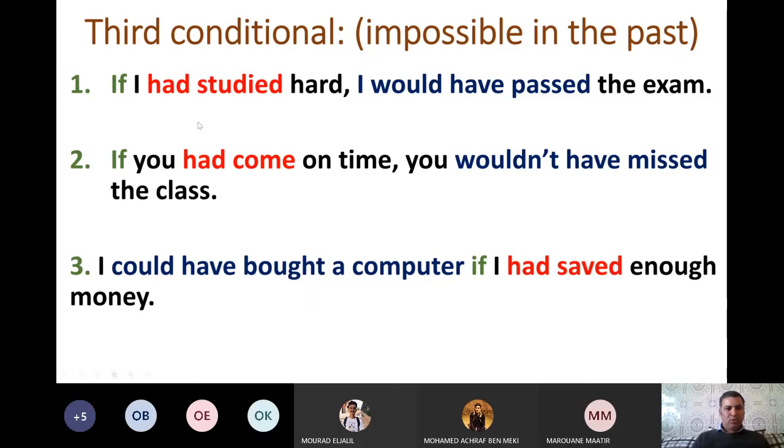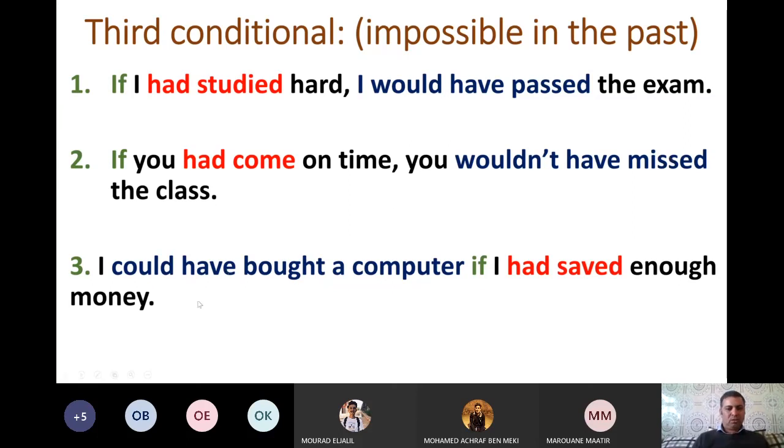I want you to look at the verbs. If I had studied: this is past perfect plus would have plus past participle, passed. Also here, if plus past perfect plus wouldn't have plus missed, which is the past participle.